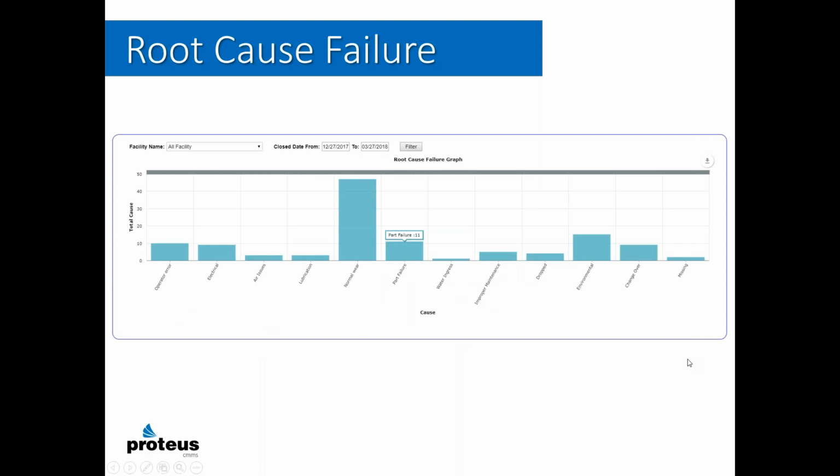Root cause failure. Some clients absolutely require this, others could care less. And again, it relates to the fact that key performance indicators are very personalized for our clients. All of the information that's available in the CMMS can yield this type of information. We work diligently with our clients prior to implementing our CMMS to look at both their short-term and long-term goals.